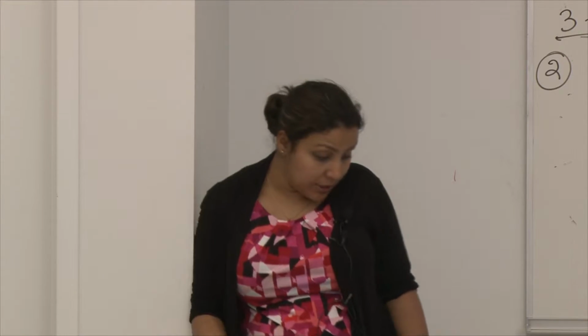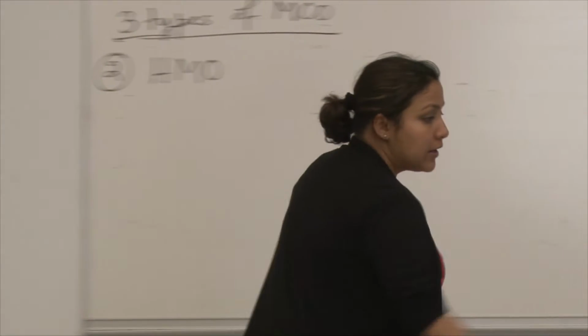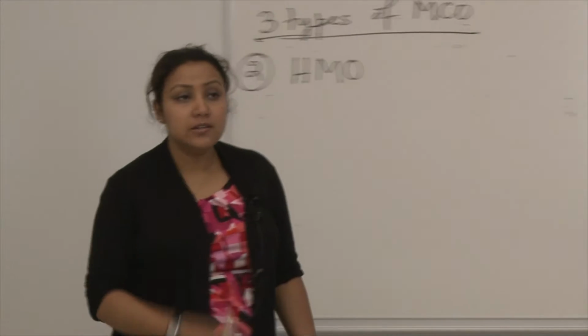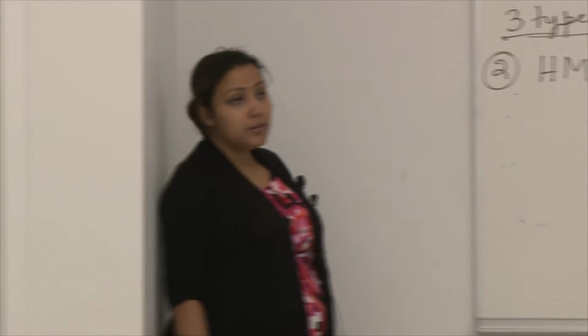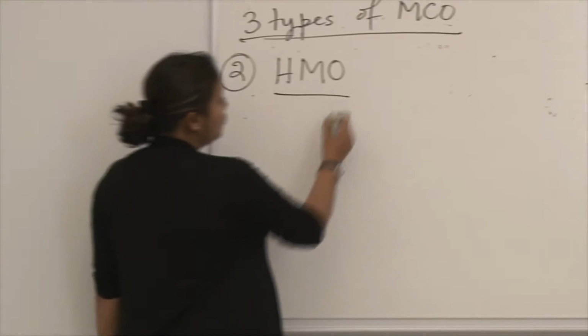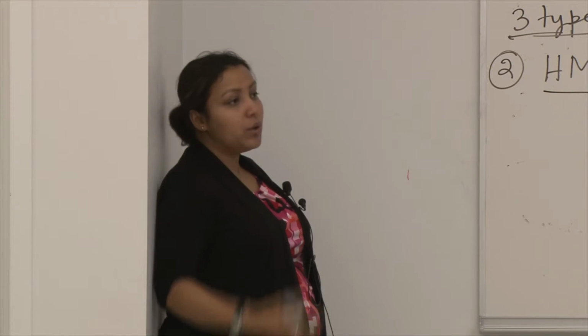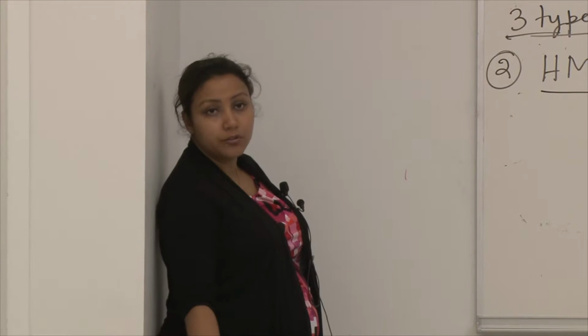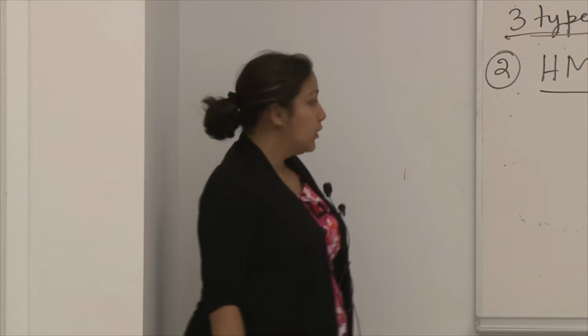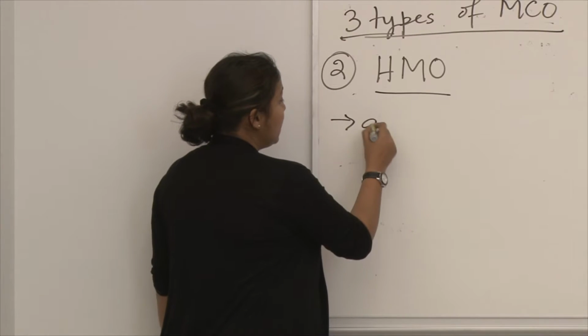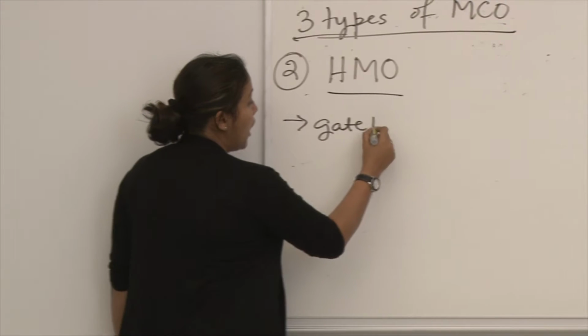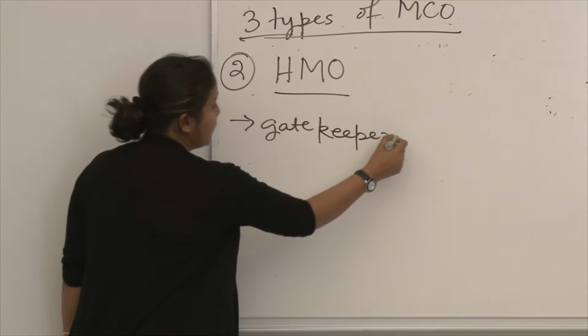In case of the Health Maintenance Organization, once again, you have some integration between the healthcare providers and the health insurance companies, and in this case, the difference is that in addition to having a list of providers, in addition to having people who are in network and out of network, you have gatekeeper physicians who are basically the primary care physicians.